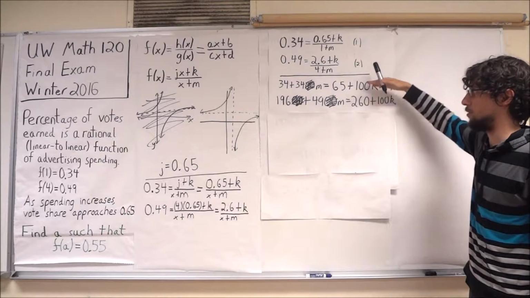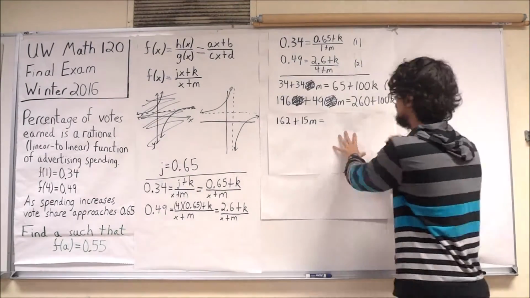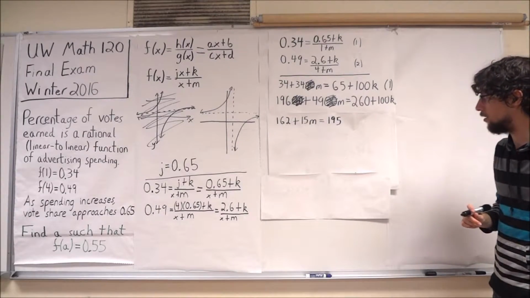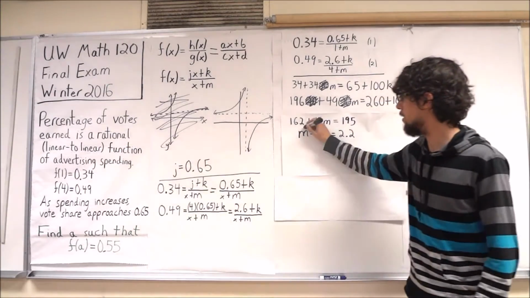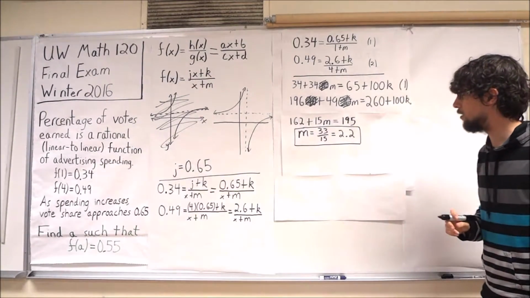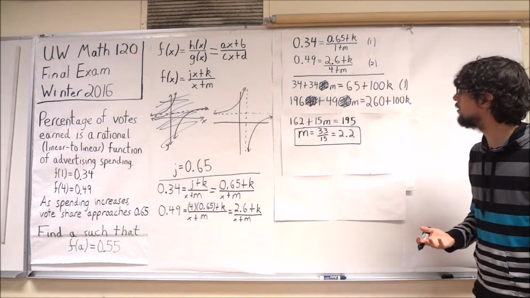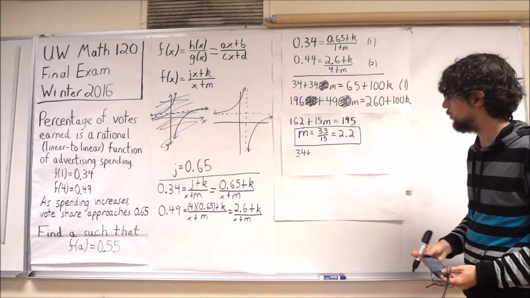I'll start from this one and subtract this one away from it. And I'll solve for m here. Okay, so I have m. I checked the arithmetic. This works. I need to solve for k. 34 times 2.2.